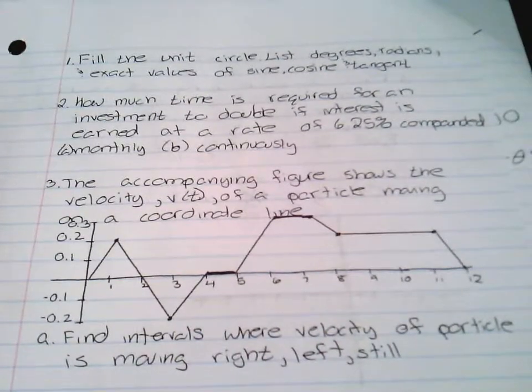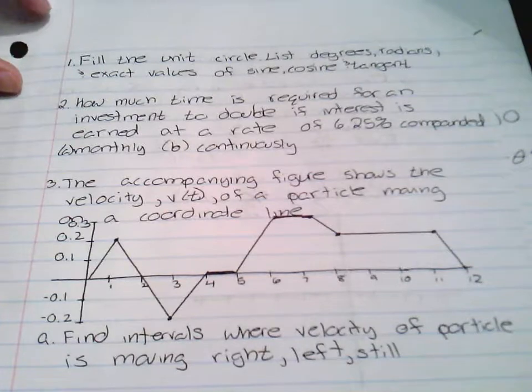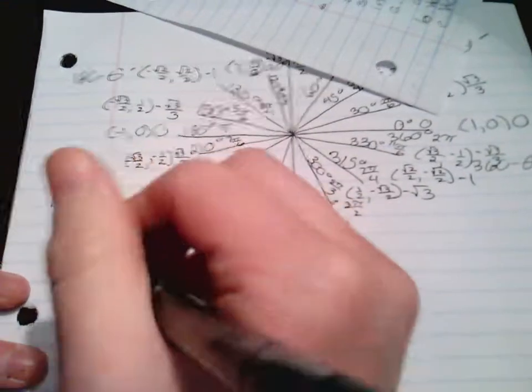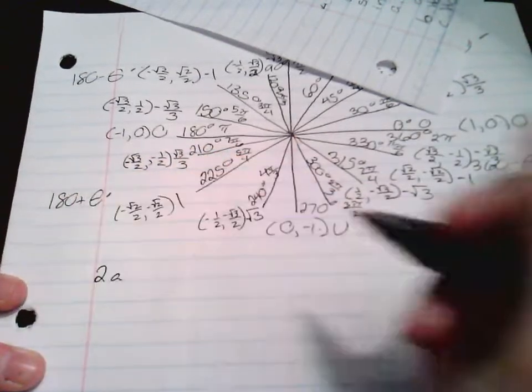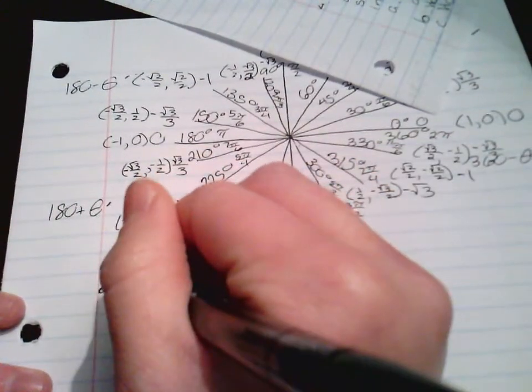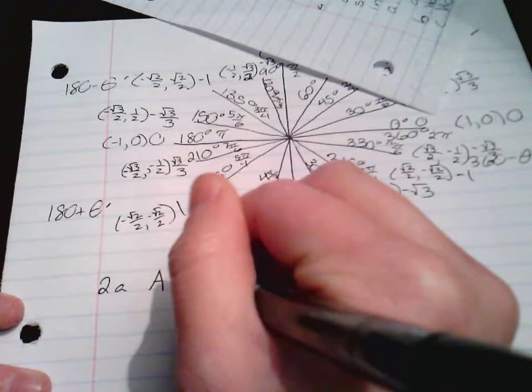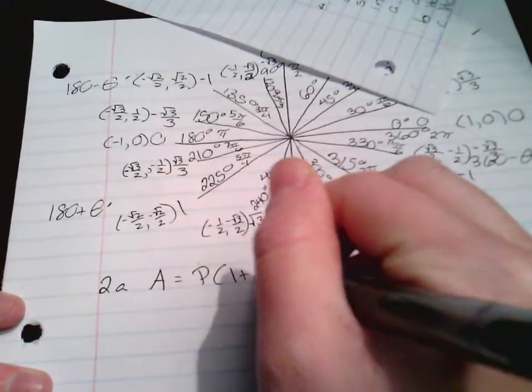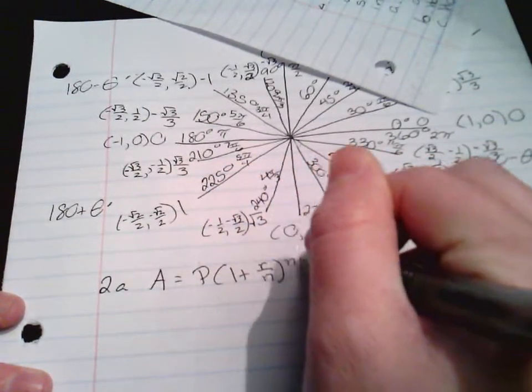Next is going to be how much time is required for an investment to double if interest is earned at a rate of 6.25% compounded monthly and continuously. Okay, so compounded monthly is going to be the formula A equals P times 1 plus R over N to the NT.